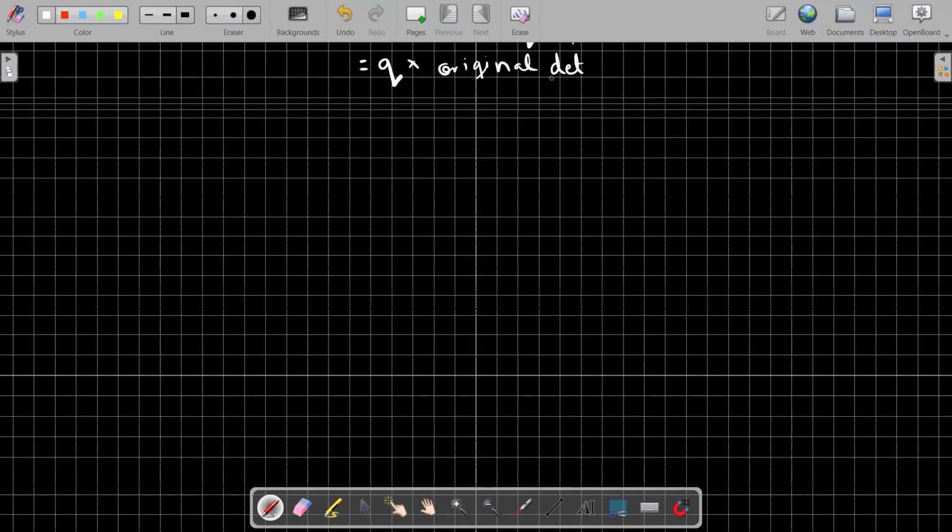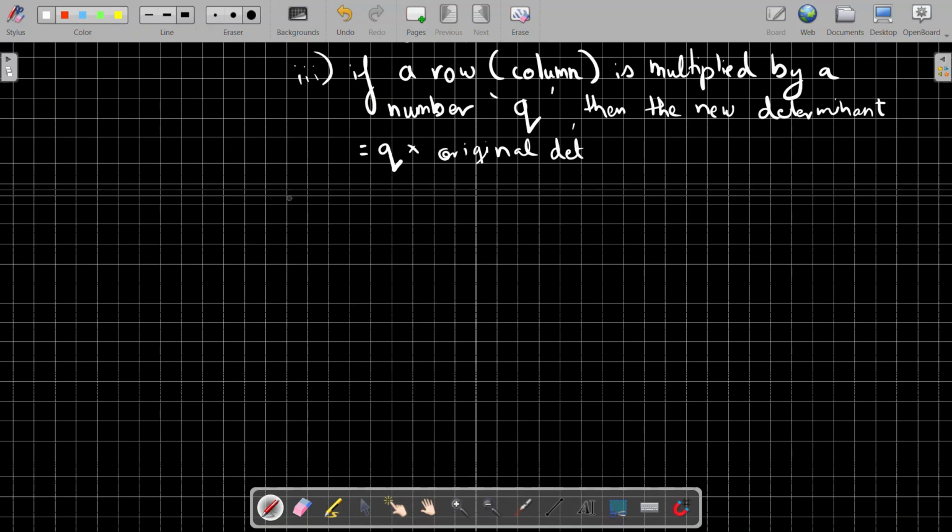Now if we apply property number 3 again to a scalar multiple, so if we calculate the determinant of kA, where k is a scalar, this will become k cubed times the determinant of A.